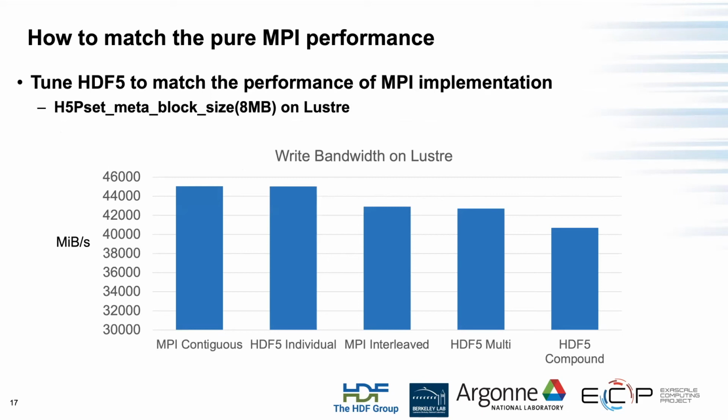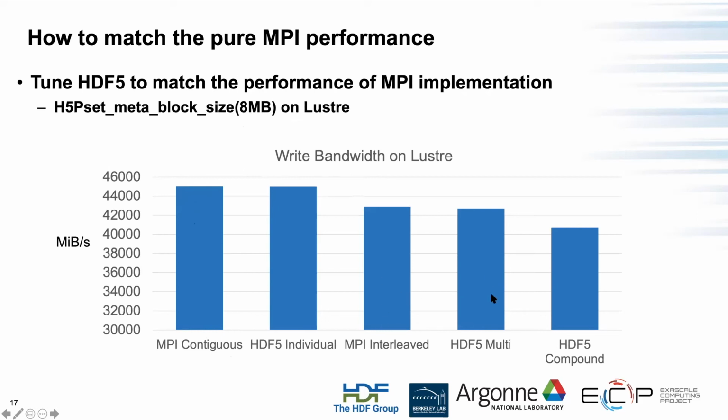So to tune HDF5 to match the MPI performance on Lustre, we set the metadata block size, and then you can see the write performance on Lustre: the MPI contiguous performed the best, whereas HDF5, if you write individual, performs just as good as writing the MPI contiguous on Lustre. The worst was the HDF5 compound, and then the HDF5 multi, and then the interleave.